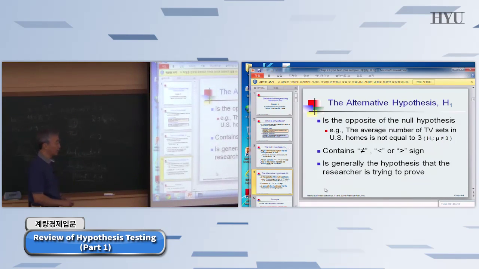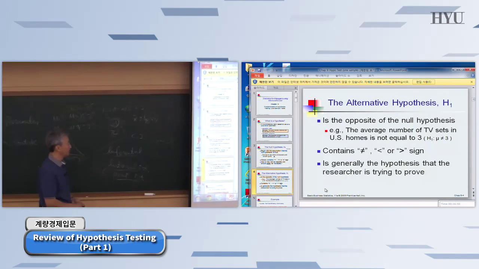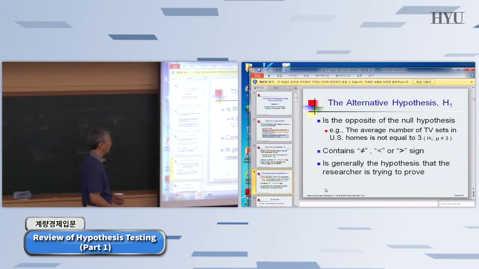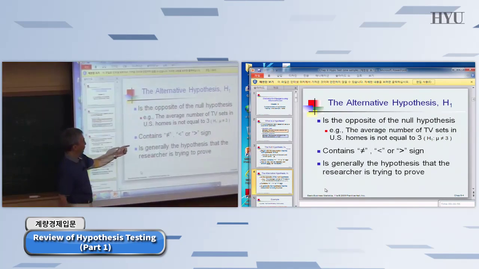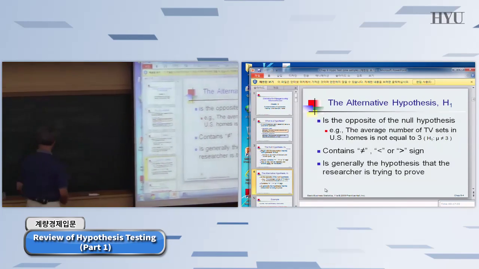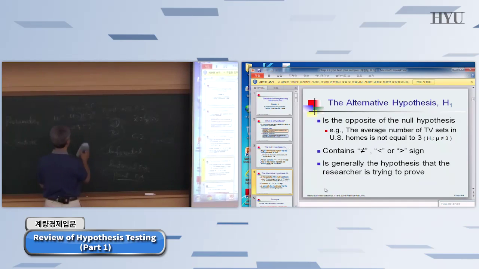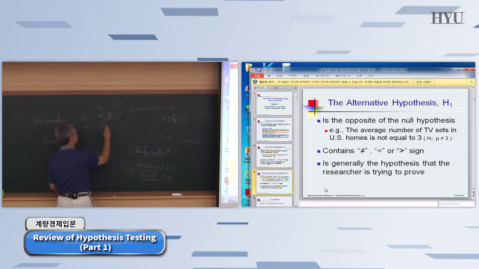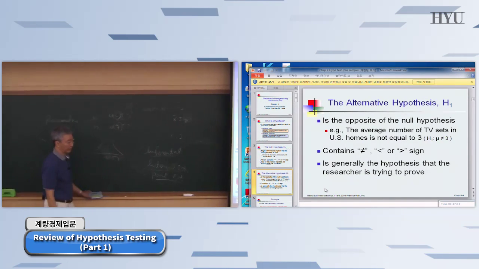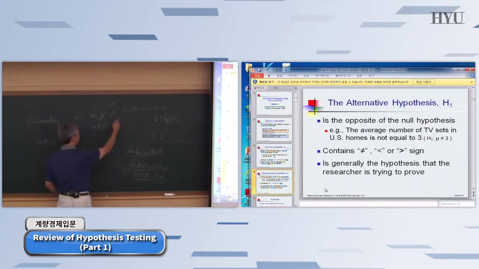It always says the opposite of the null hypothesis. And so it contains not equal to, less than, or greater than. Depending on your null hypothesis, if your null hypothesis says equal, then your alternative hypothesis should say not equal. If it's greater than or equal to, then the opposite is less than.